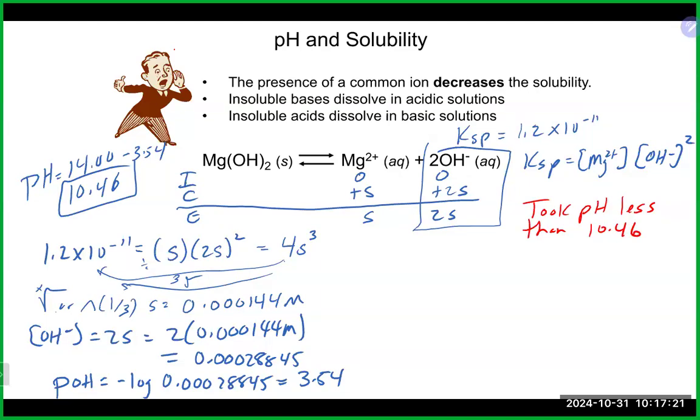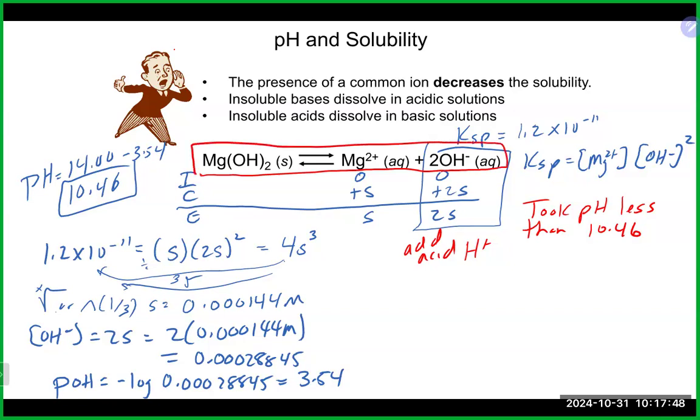So if I decide I wanted to actually drop the pH lower than that 10.46, usually the way that you can lower a pH is you add acid. So if we add some acid to this, we're essentially going to be adding like H plus, right? Now, when I add acid to this equilibrium, the H plus most likely will react with what thing?